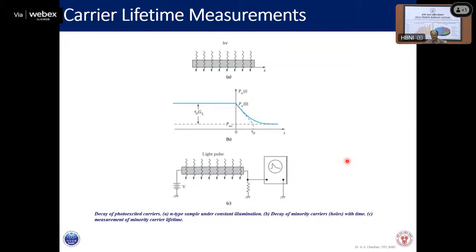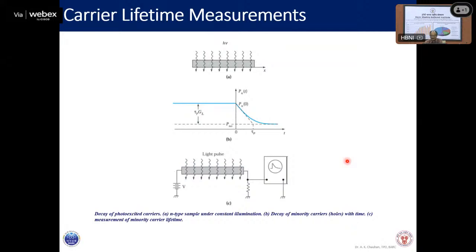The time up to which it remains in the conduction band is called the lifetime of that carrier. If you illuminate or provide sufficient energy so that the electron moves from the valence band to the conduction band, it remains there, and after some time it comes back. The average time which it stays there is called the carrier lifetime.